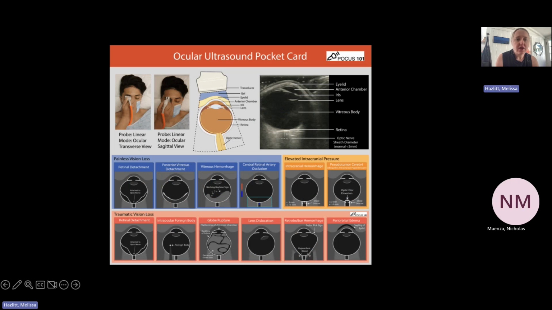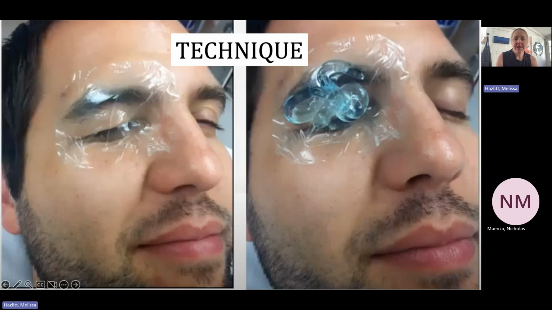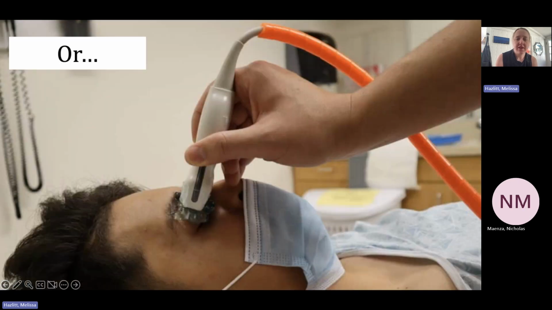And beyond the vision loss and the headache, there's also lots of interesting other forms of trauma that we can evaluate. So I think we have a basic idea of how to do it, but there is some controversy that's been brewing in the world of academic emergency medicine on, do we use it with the Tegaderm or without?